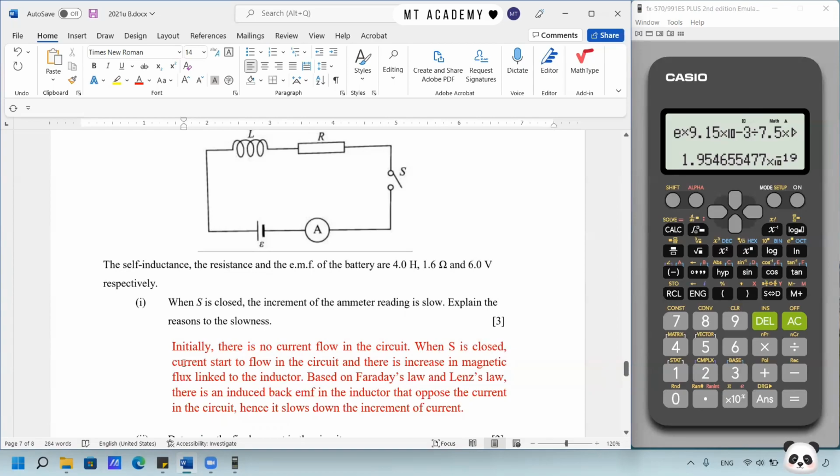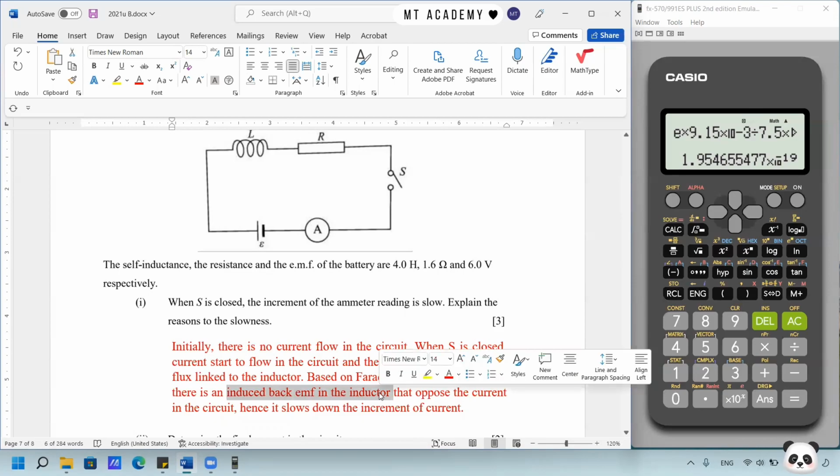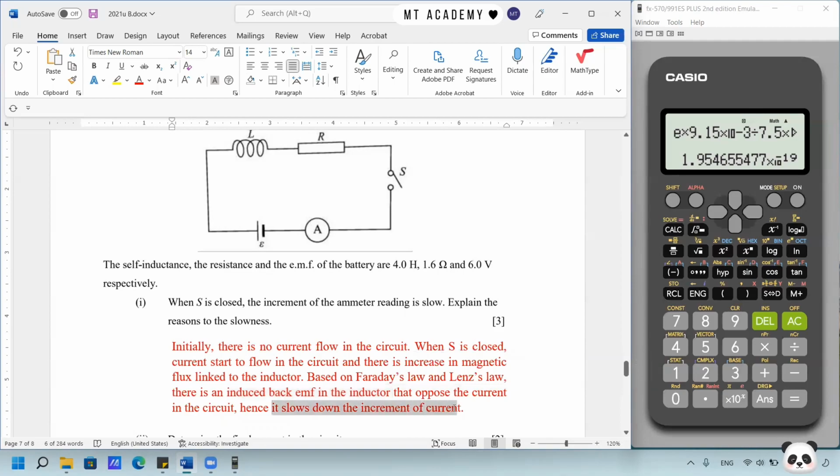When the S is closed, current starts to flow, which means there's an increase in the current. So there's an increase in the magnetic field linked to the inductor. Based on Faraday's law and also Lenz's law, there is an induced back EMF in the inductor that opposes the current in the circuit. This is the reason that it slows down the increment of the current. So this is actually related to the self-inductance of the inductor.